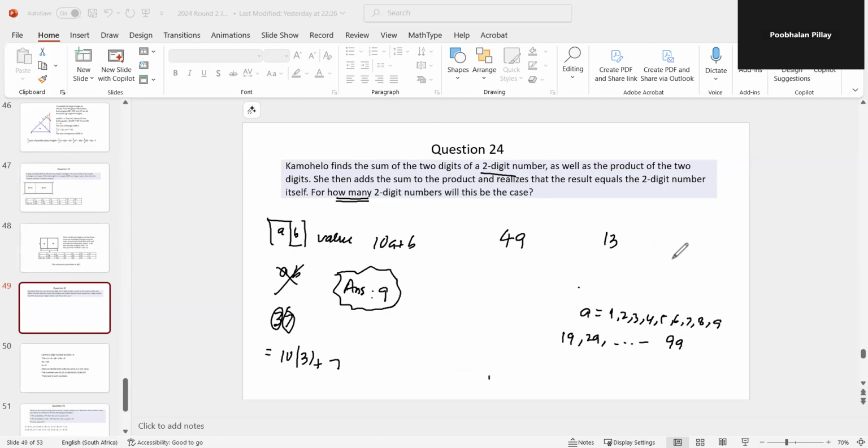She takes 13, 4 plus 9 is 13, and she calculates the product of these two, 4 times 9. She also calculates the product and the sum, and then she adds these two, and she realizes that the result, 36 plus 13, is actually equal to the original number that we started off with. So you can see it works, right? It works for 49, and if you try it for all the others, it'll work also. So that's very nice. You got 9 possible 2-digit numbers, which will do the trick.